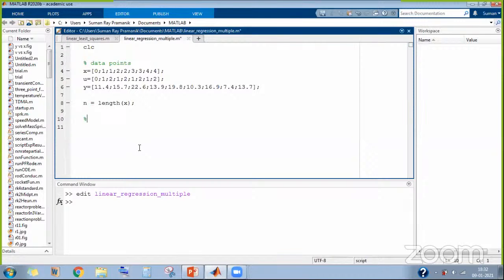So let's start multiple regression. Our capital X array will be the first column.